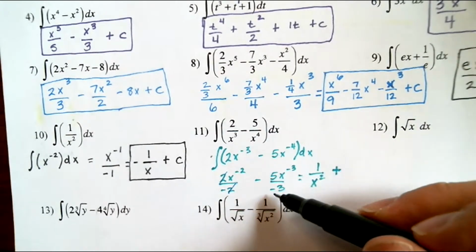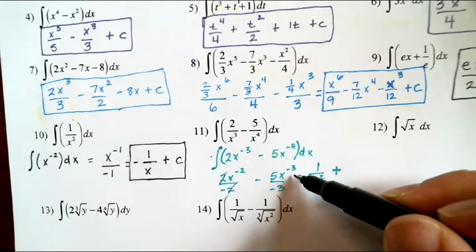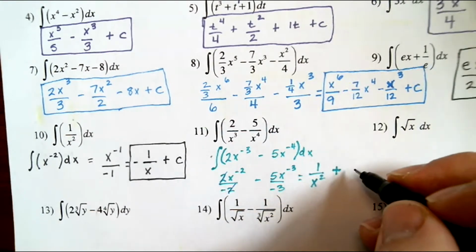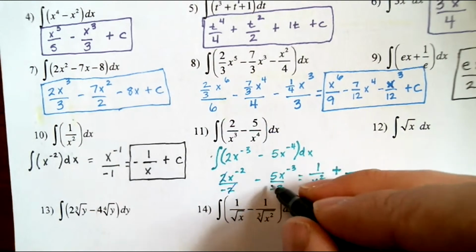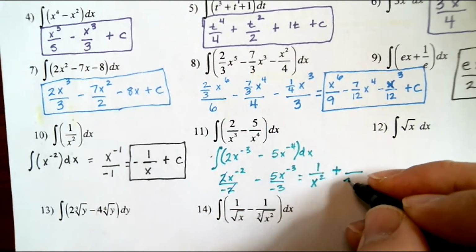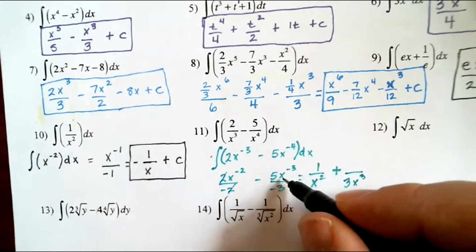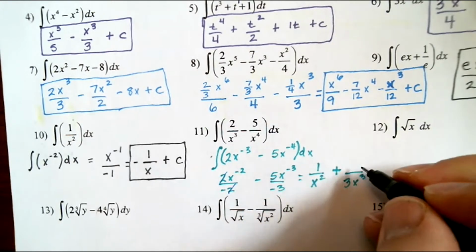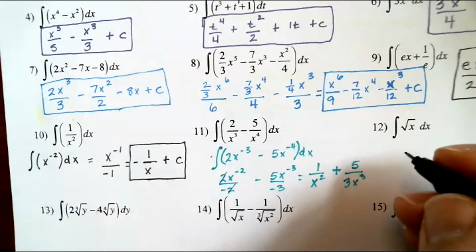And then we don't want to leave that as x to the negative third, so we want to push that down. So on the bottom, the 3 remains, the negative is lost with that negative, and that's 3x cubed. And since I pushed the x to the negative 3 down, I'm just left with 5 on the top. And then that is plus c.